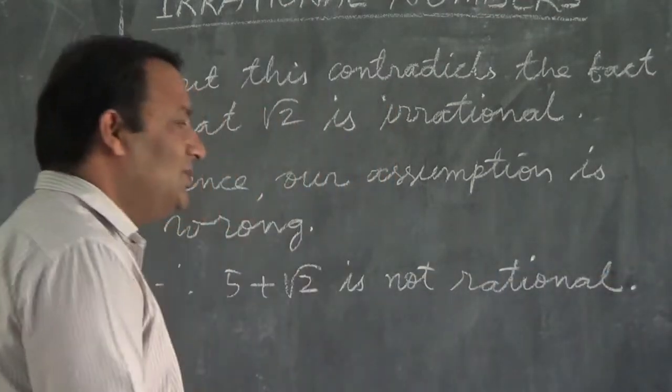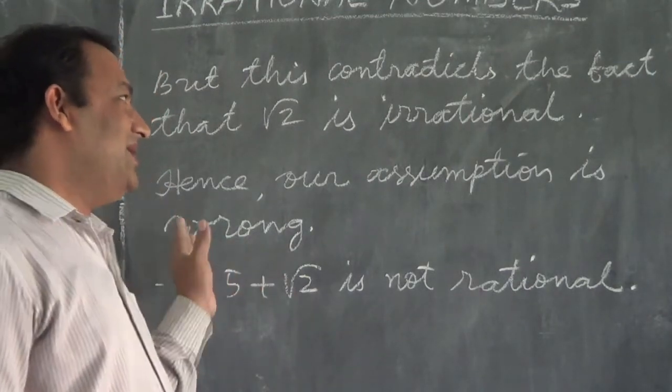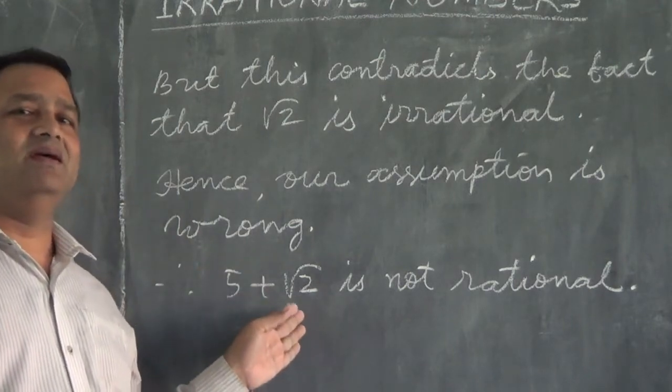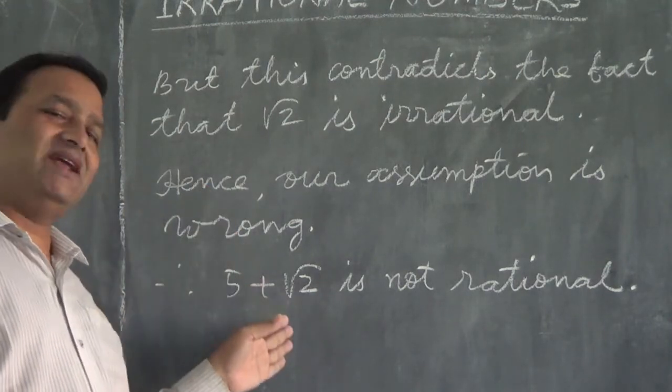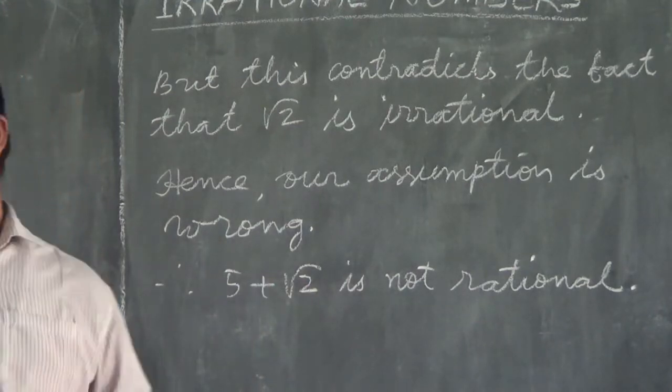So this is how we need to write. There is nothing difficult here, but what you need to learn is how to write the statements. So statement writing skill you need to develop.